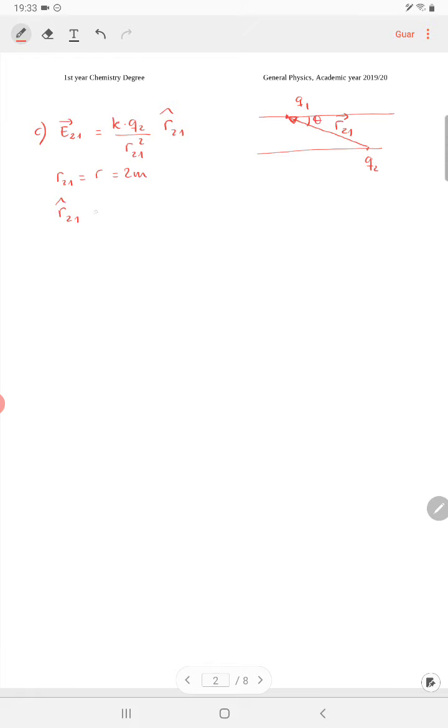Now this unit vector has to be equal to minus cosine of theta in the x direction plus sin of theta in the y direction. Okay, so if you put everything together, and as we know already the different amounts, this electric field provided by the charge 2 where the first charge is minus 4,357 i plus 1,125 j, and this is in Newton divided by Coulomb.